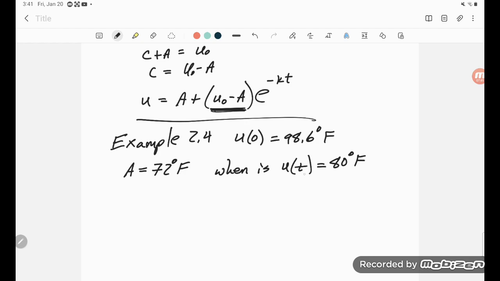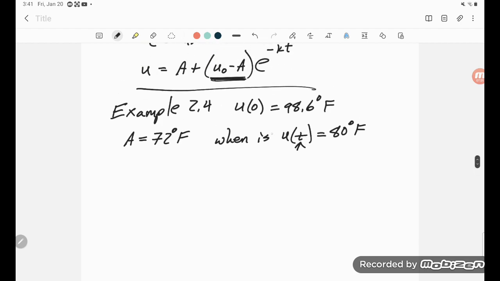Now, the idea would be that if I can tell you what t is here, if it's 6 hours or 8 hours or whatever, that gives me a time of death, you see, if someone dies at 98.6 and we've got this model and we plug in the 80 degrees, then I can solve for t and tell you whatever that t is. Well, that's how long they've been laying there. Okay. Now there's one problem. We don't know k.